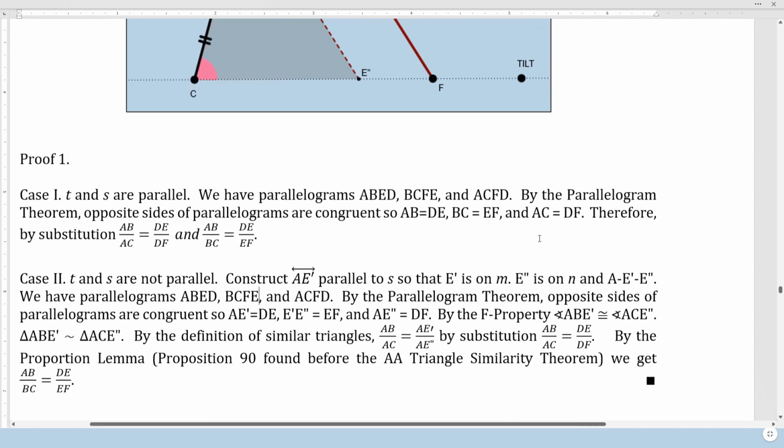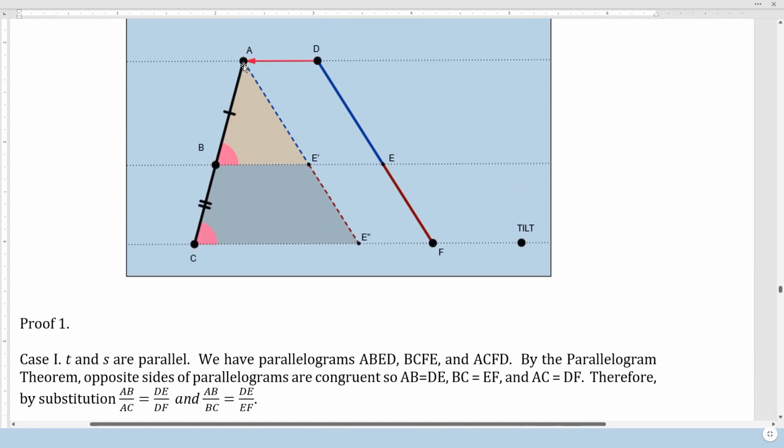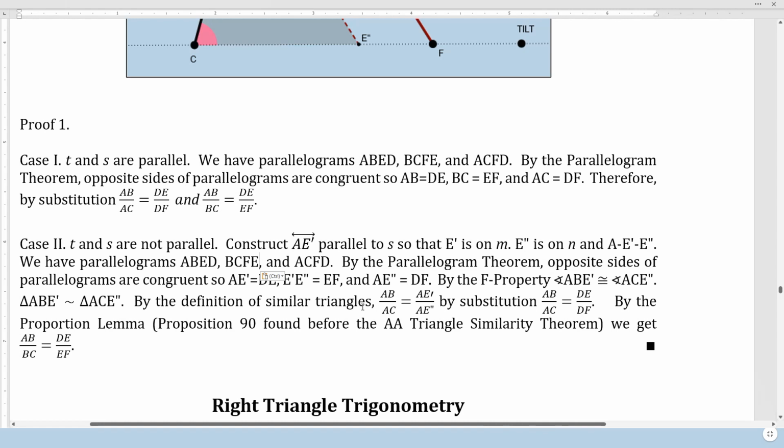And now we have the F property that says that these two angles here are the same size, congruent. Angle ABE prime is congruent to angle BCE double prime because we have these two parallel lines here, and those are corresponding angles. That's the F property. It says they have to be congruent from our transversal parallel lines theorem.